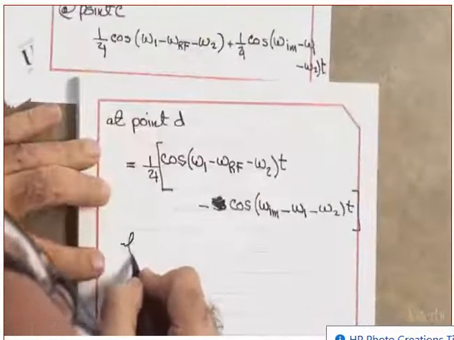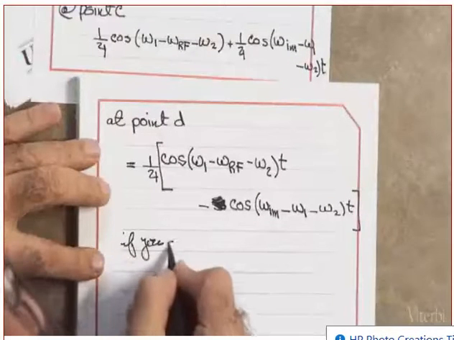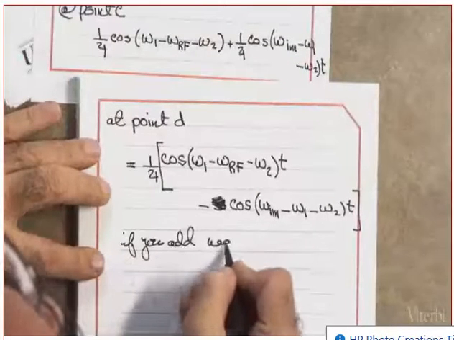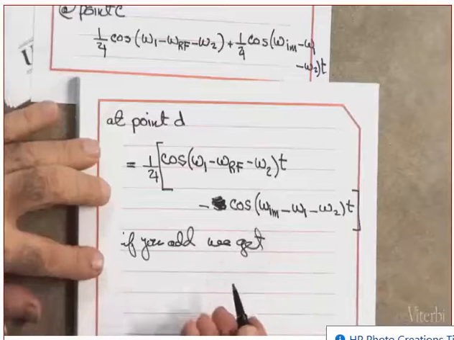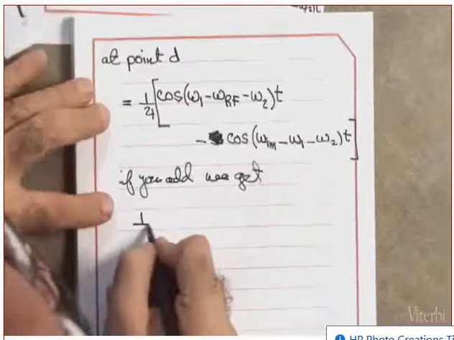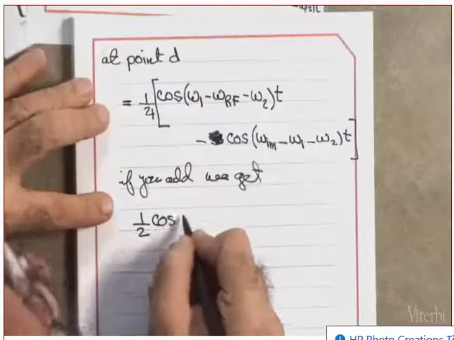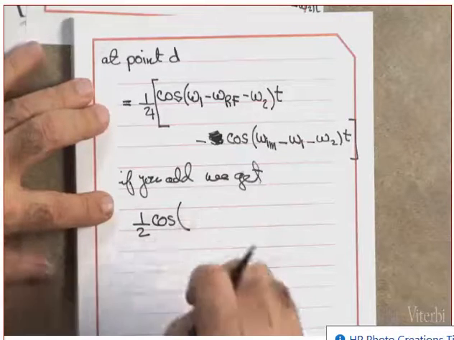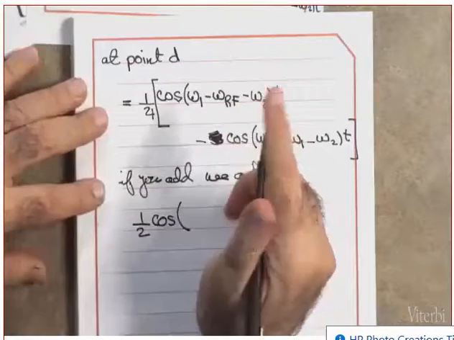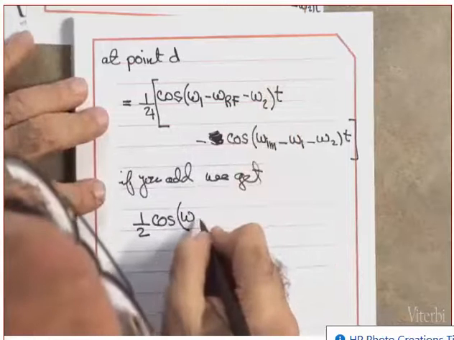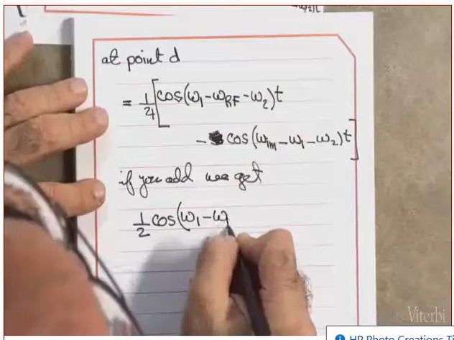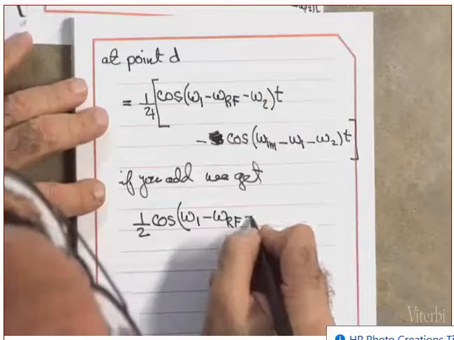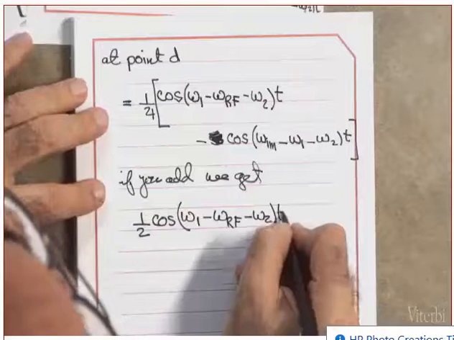So what is it now? If you add, what do we get? 1/2 cosine (omega 1 minus omega 2)t.